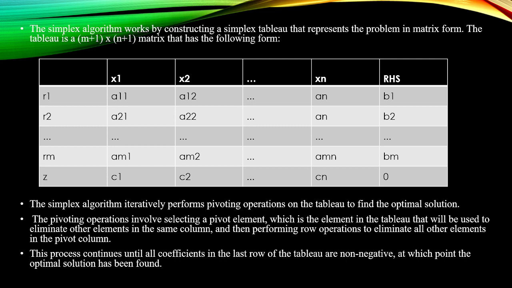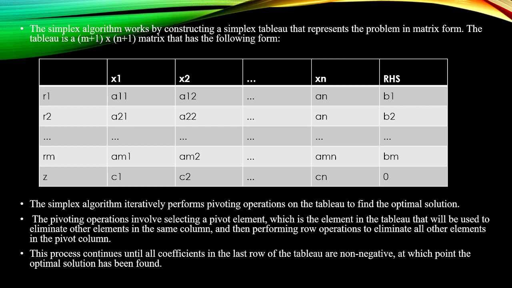The simplex algorithm works by constructing a simplex tableau that represents the problem in matrix form. The tableau is an (m plus 1) by (n plus 1) matrix that has the following form as shown on the screen. The simplex algorithm iteratively performs pivoting operations on the tableau to find the optimal solution.